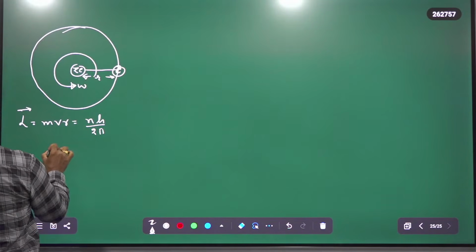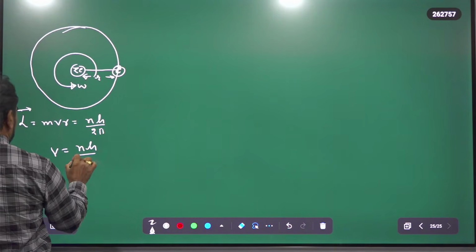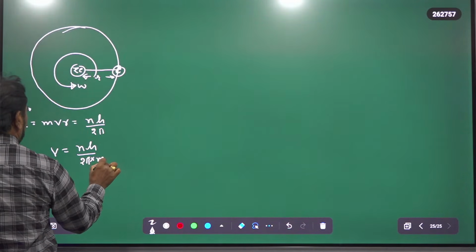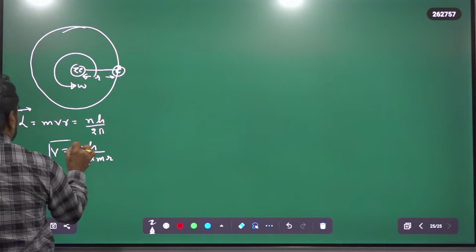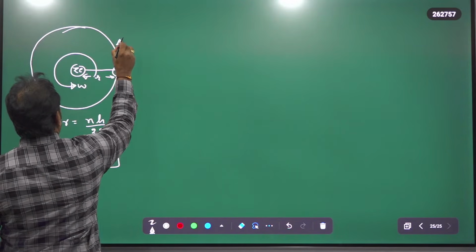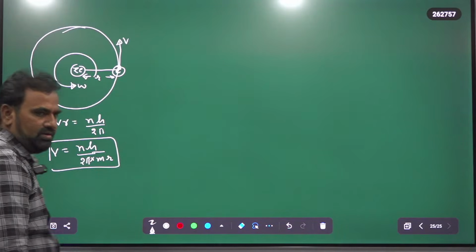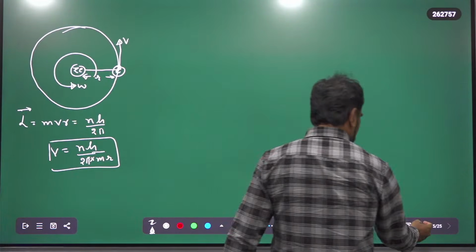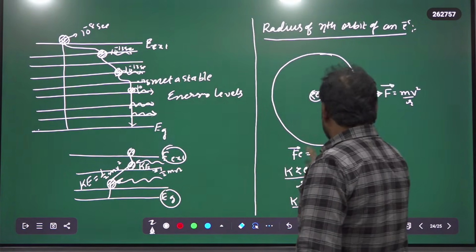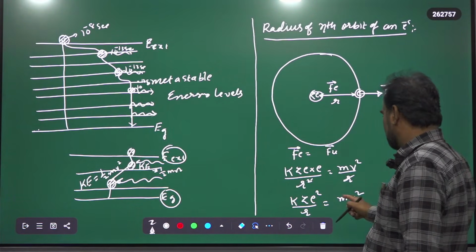So what is the value of v? v is equal to nh upon 2 pi into mr. With this velocity it would be revolving around the nucleus. The velocity of an electron in its orbit is v is equal to nh by 2 pi mr. But we already know from the previous case that the centrifugal force balances with the electrostatic force of interaction. kZe square upon R is equal to mv square.